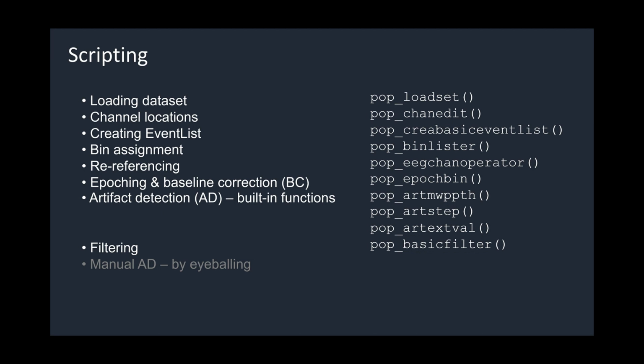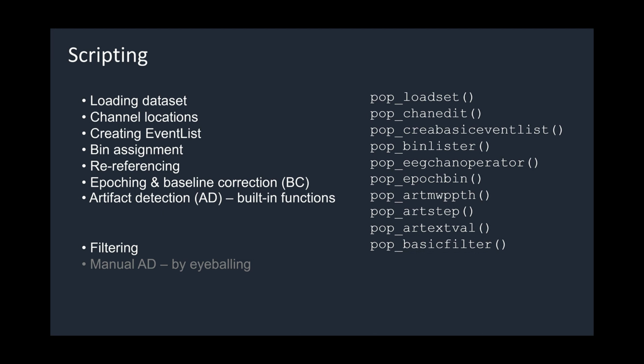And all the functions that you can access through your EEG-Lab GUI start with pop, which stands for the pop-up GUI window. So for instance, loading dataset on the graphical user interface corresponds to pop_loadset in programming terms. And also adding channel locations corresponds to pop_chanedit, so on and so forth.